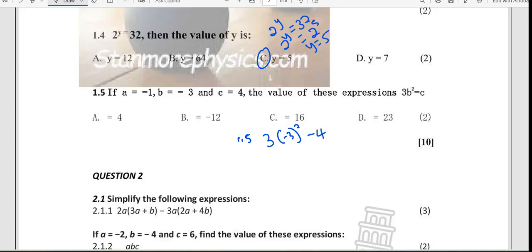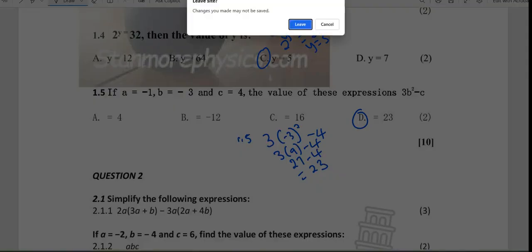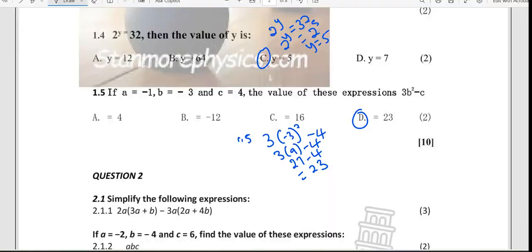This is going to be 3 times 9 minus 4. 3 times 9 is 27. 27 minus 4, the answer is 23. The correct option is D.